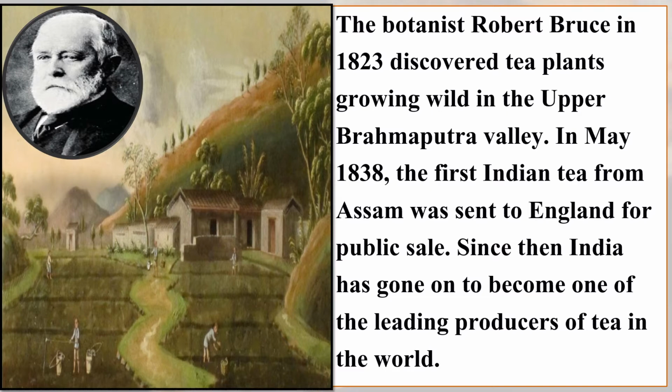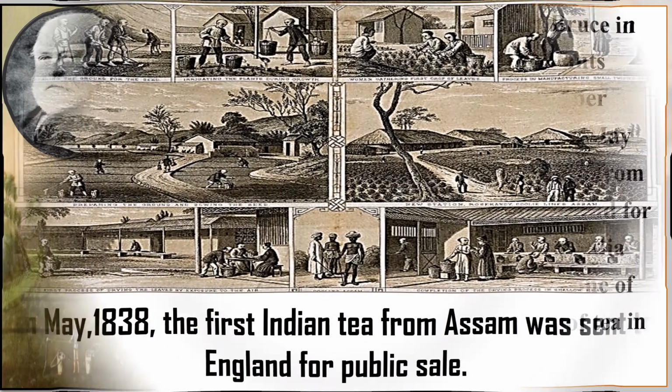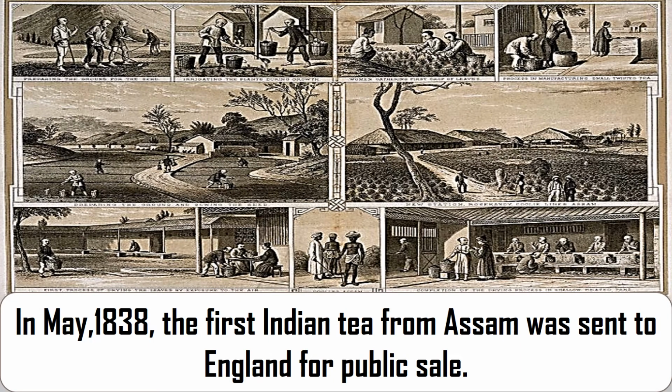And since then, India has gone on to become one of the leading producers of tea in the world, and you know the present rank of India in production of the tea. You can see here from the beginning how these British people made efforts to grow, to plant tea in India.